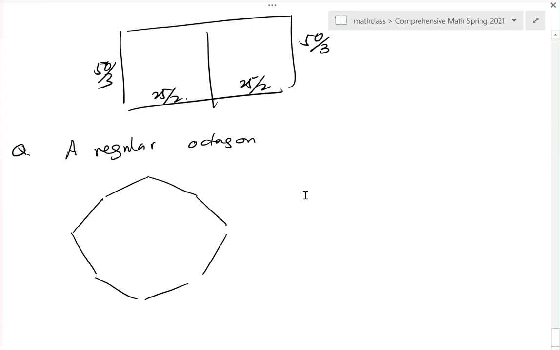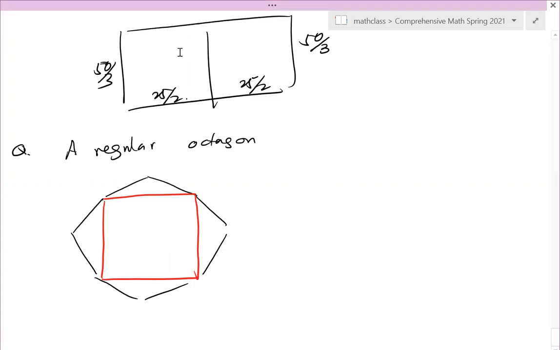The largest square possible is inscribed in the regular octagon, meaning you are going to have a square inscribed here. This is a square. And the longest diagonal of the octagon is 20 centimeters. What is the area of the square?